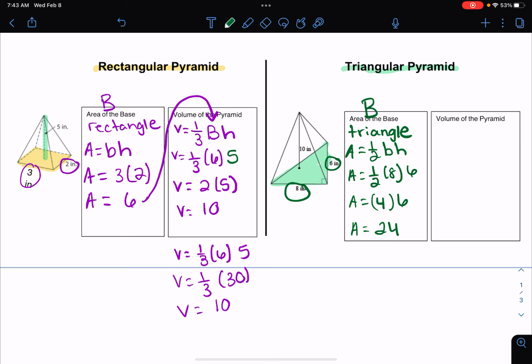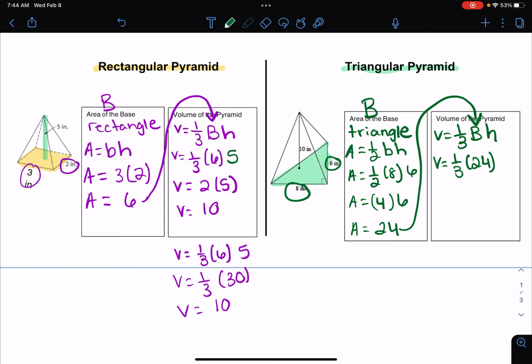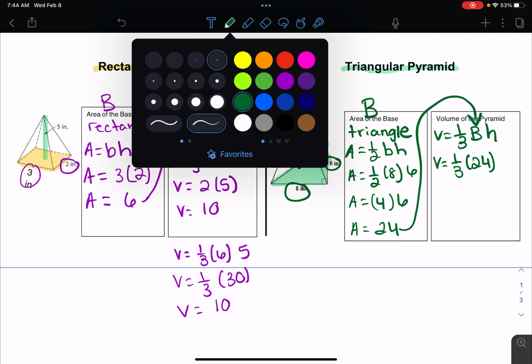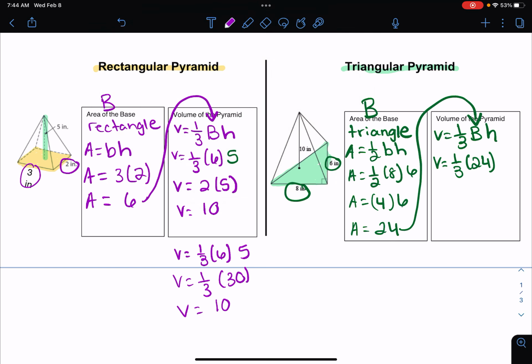So again, this is our big B. We're going to write in our formula over here, and we're going to take this big B and plug it in here. 1/3 times 24 times the height of the pyramid. Again, remember your height goes from the base of the pyramid to the top point. So your height is 10.